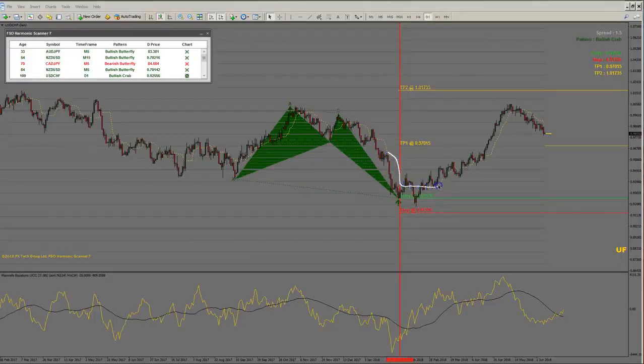See this yellow line? This yellow line is the angular momentum indicator. Yes, this is not a moving average, please. You can put a moving average on your chart and you will see it is very different. Okay, this indicator is a very different thing than a moving average.